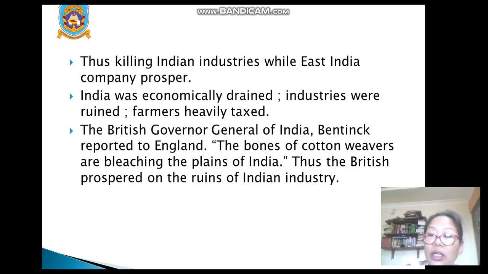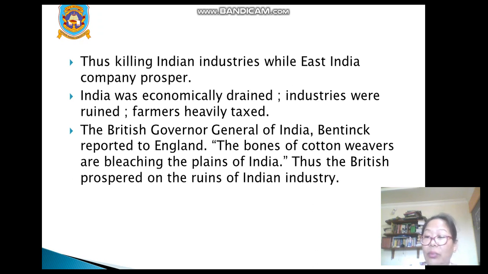Okay, so cotton weavers means those who weave clothes out of cotton, those who spin it, produce thread, and produce ready-made products using cotton.